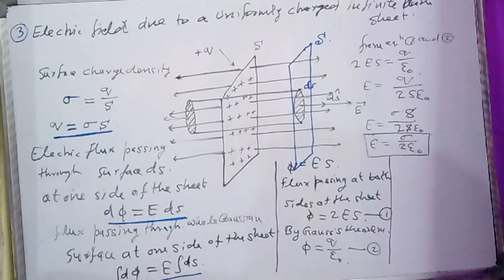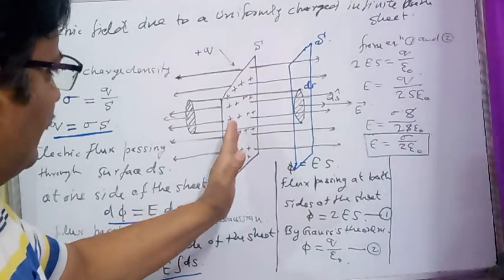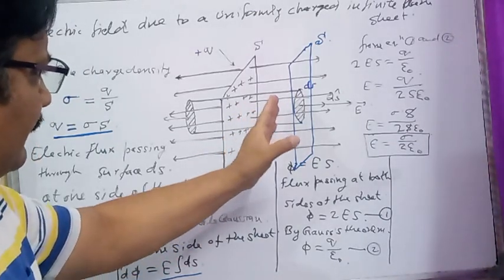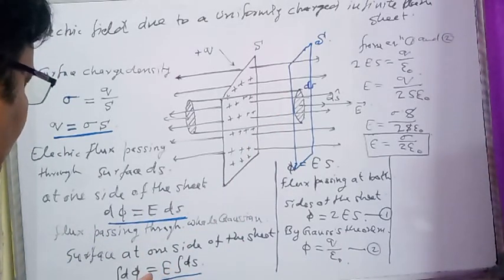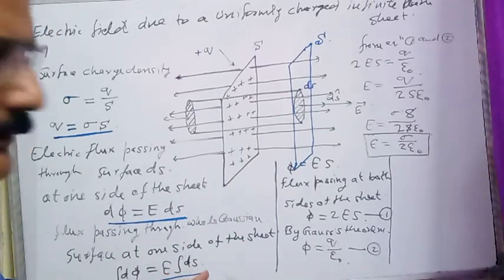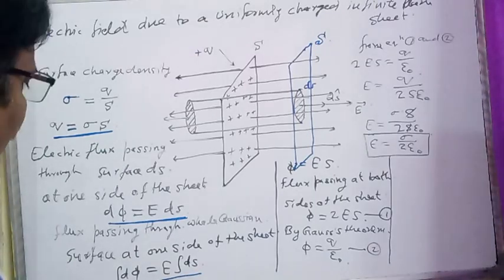We assume that in the immediate surrounding of the sheet the electric field remains constant, so integral d phi can be written as E integral ds.